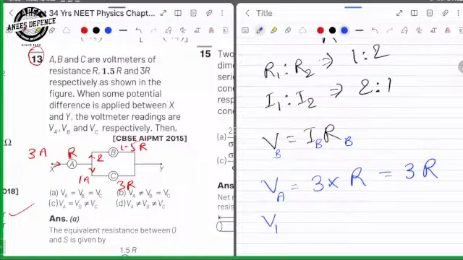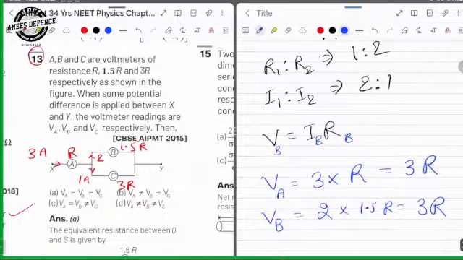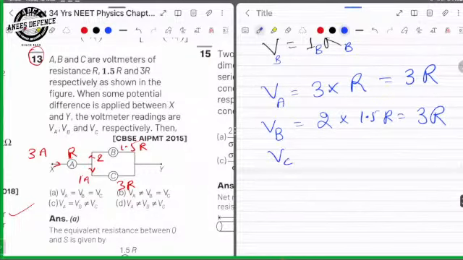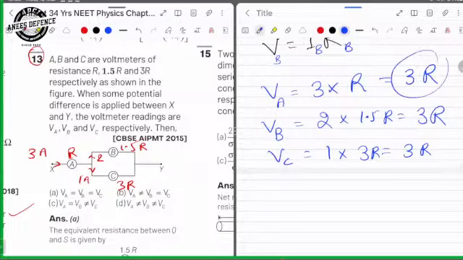Similarly, voltage across device B is I into R. Your current is 2, resistance is 1.5R, again voltage is the same. Again, voltage across C: current is 1, resistance is 3R. So all readings are the same.